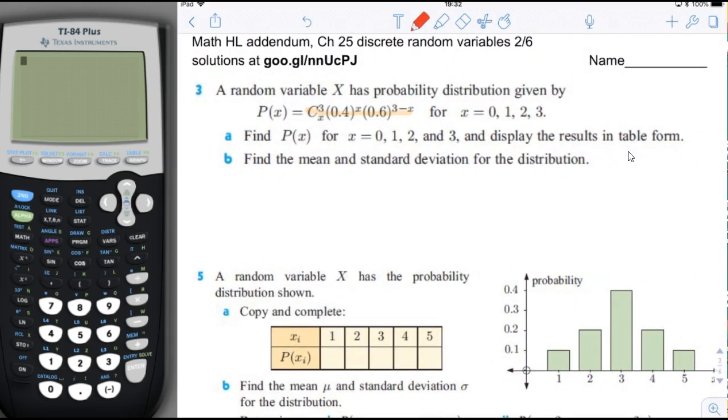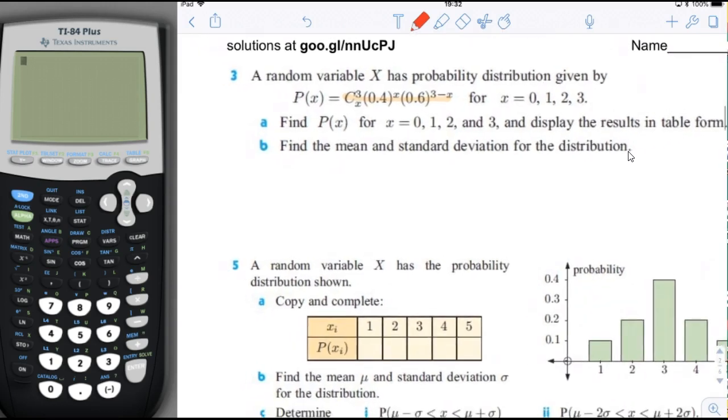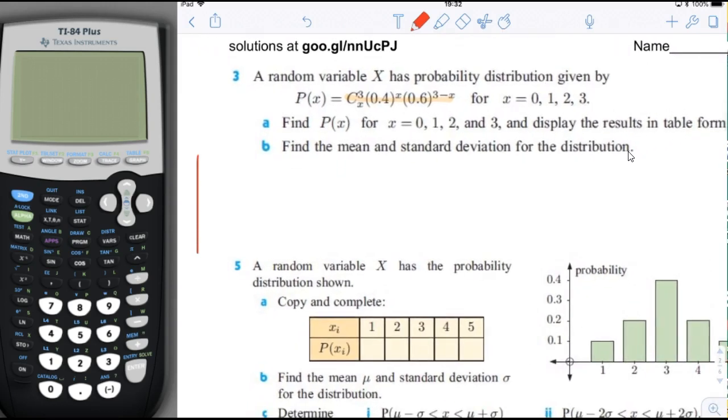Okay, so let's see. We're going to have a table with the different x values, 0, 1, 2, and 3, and each one of these is going to correspond to a probability of it happening. The way we're going to calculate it is using this formula here.